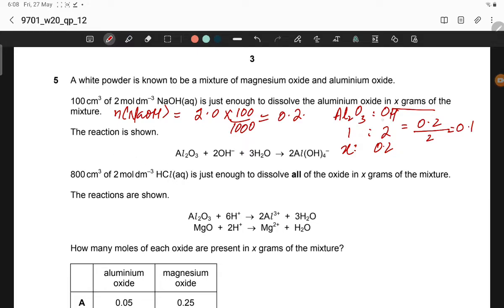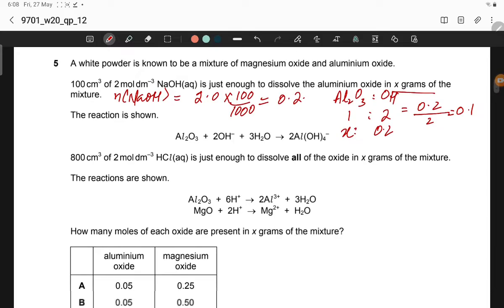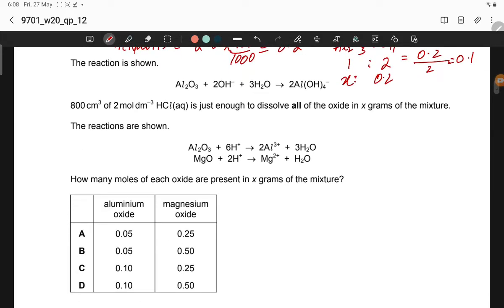So aluminum oxide in x gram, when dissolved in sodium hydroxide, is 0.1 mole of aluminum oxide.